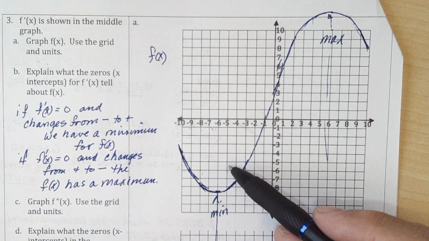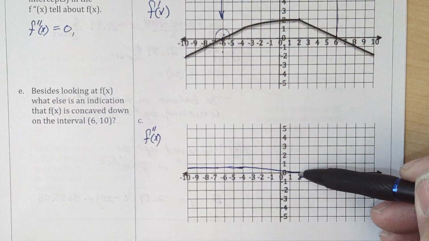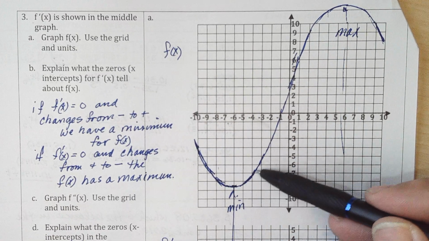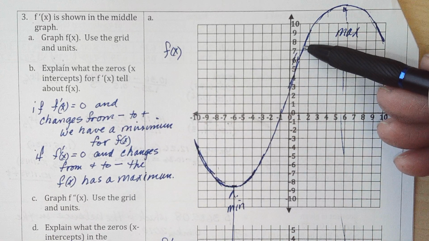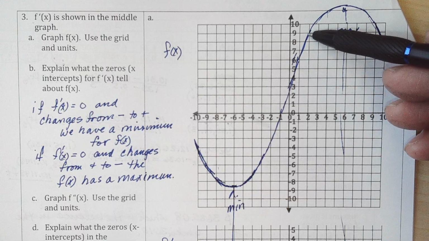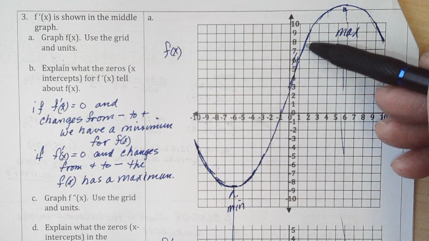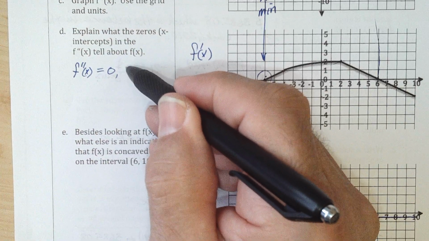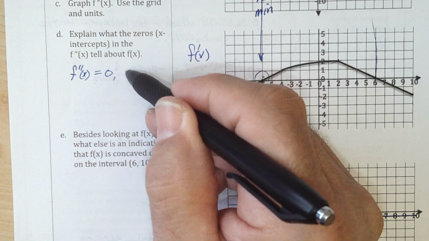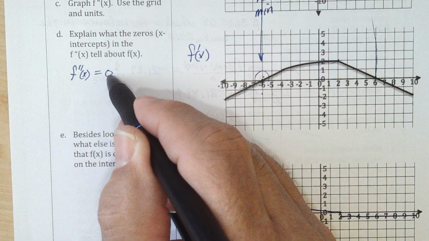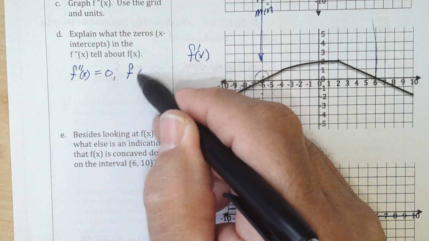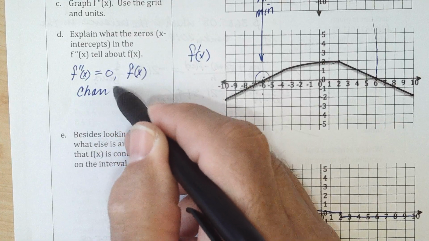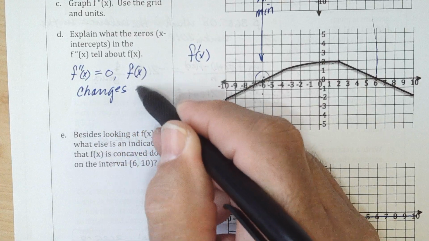So let's go back up here. This was 0 at 2. Look up here. The curvature is curved up, and by 2, it changes to curved down. So that's when f double prime equals 0, f changes curvature.